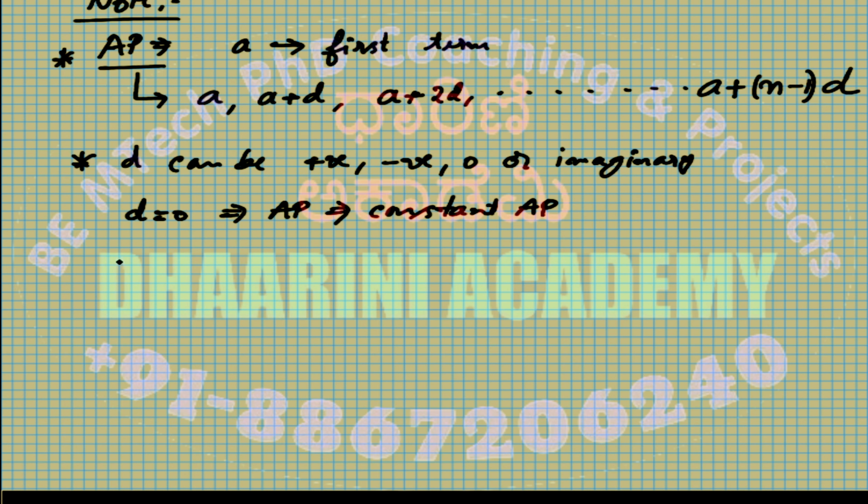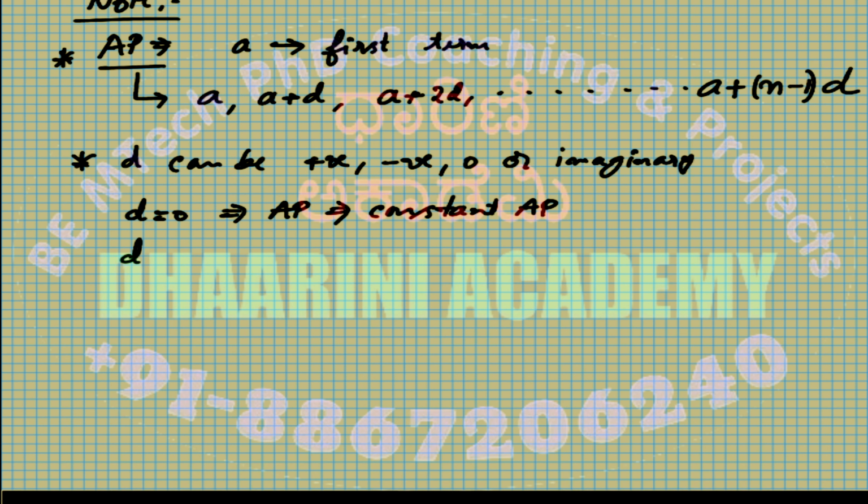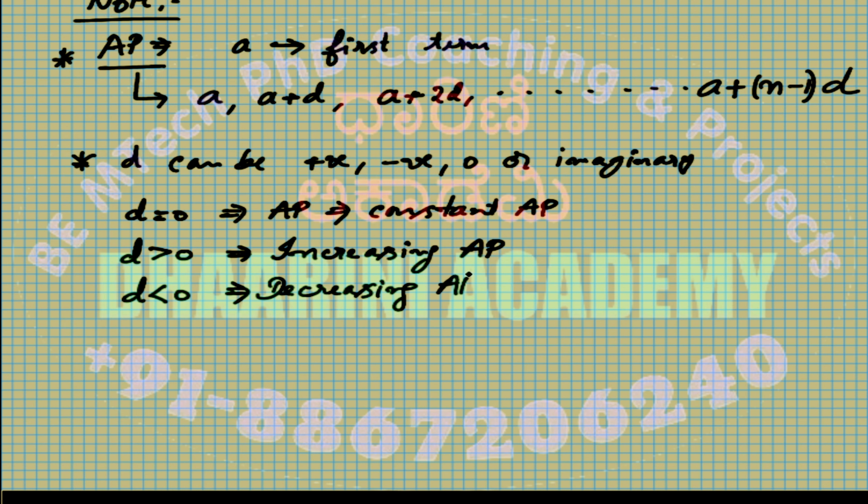At the same time, if D is any constant value greater than 0, then the AP is called an increasing AP. If the D value becomes less than 0, D is negative, this is called a decreasing AP.